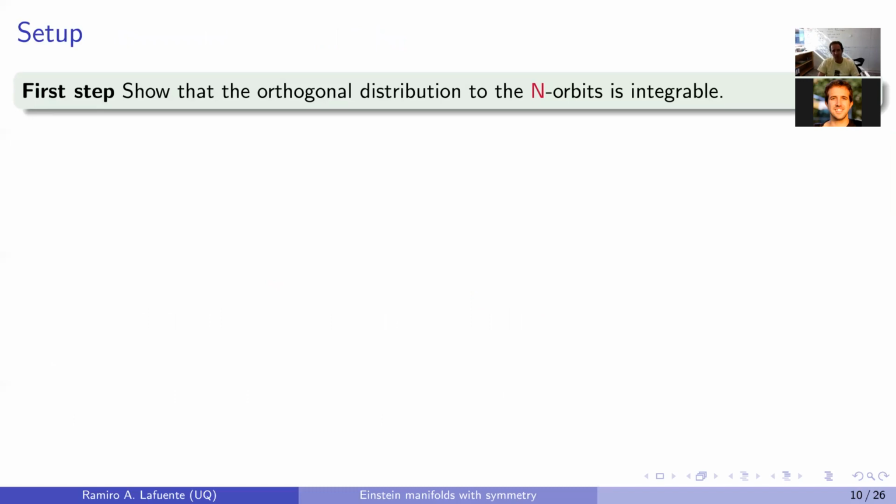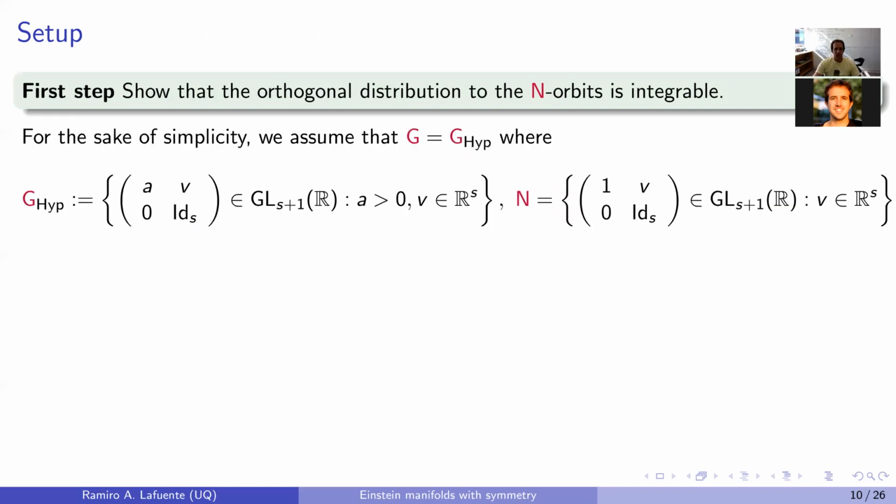Namely, we will show that the orthogonal distribution to the orbits is integrable. And as I mentioned, we're going to be working exclusively with this particular Lie group G. I call it G hyperbolic, not to be confused with the hyperbolic groups, sorry, but there's a very good reason why I call it like that.